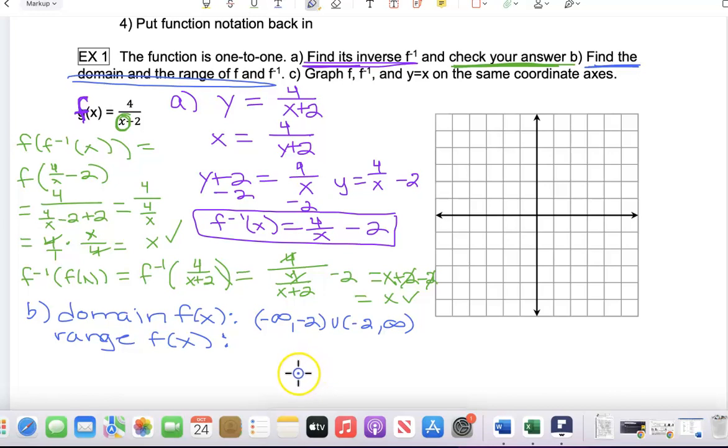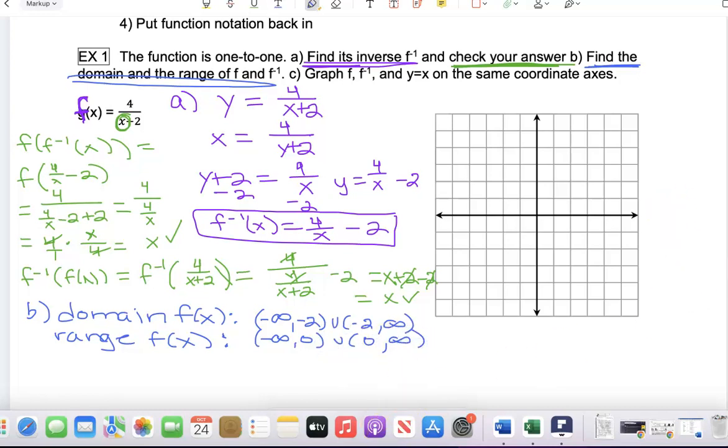This guy has, because it's a transformation of 1 over x, a horizontal asymptote at y equals 0. So meaning I know that the range is going to be everything except 0. So from negative infinity to 0 and from 0 to infinity.